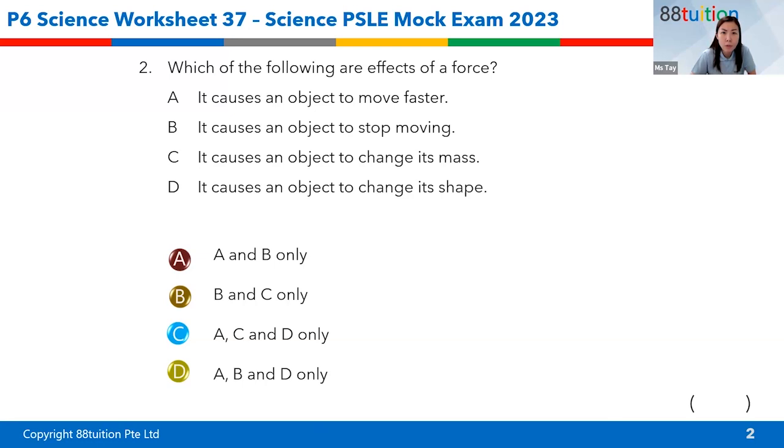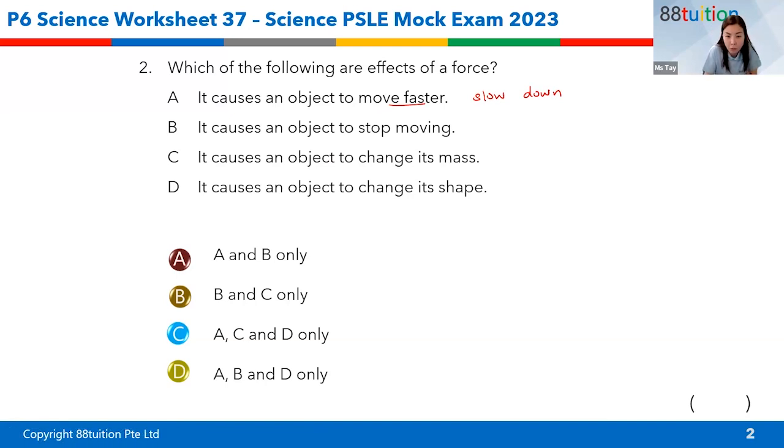All right, so you can have, some of you asked the question now. Move faster. It causes something to speed up. It can also cause something to slow down, right? It can go faster, go slower. So this is correct.